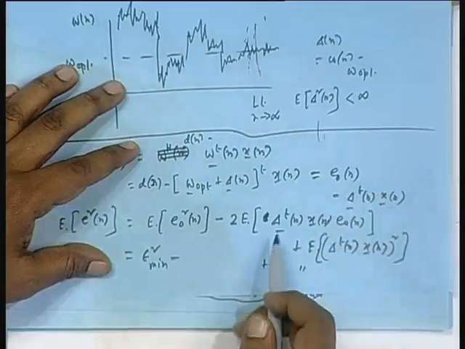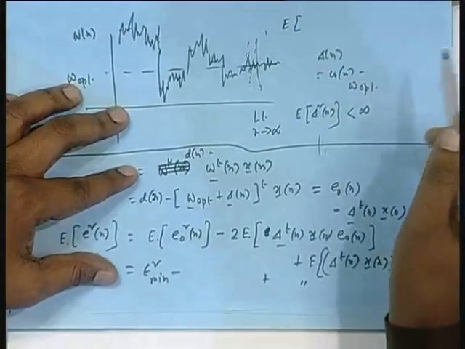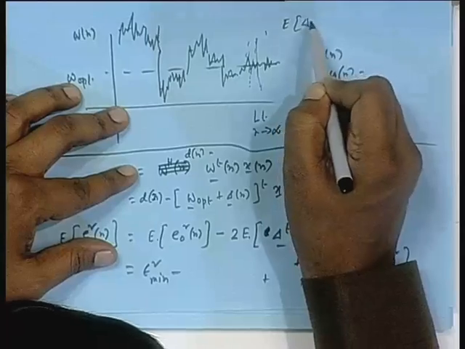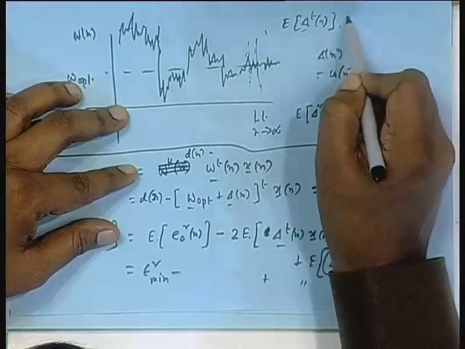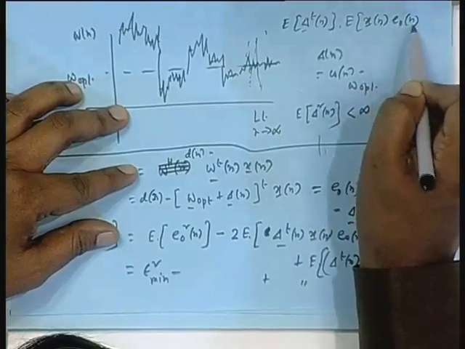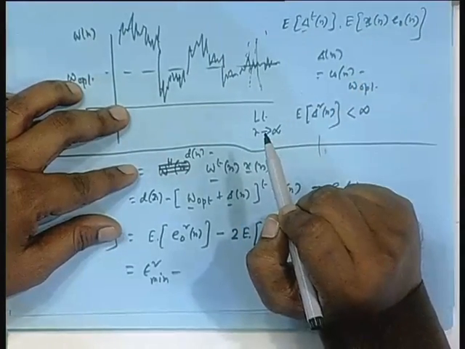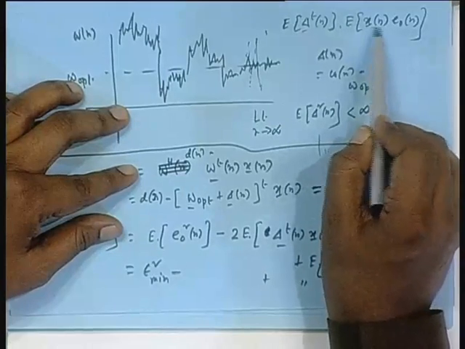So that means this quantity will be, just one more minute, I am through, E of delta transpose(n) into E of x(n) e_o(n). And what is this?